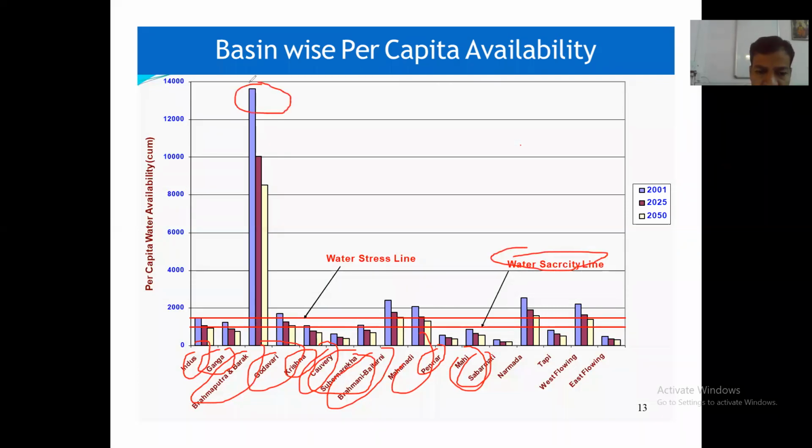So this is the highest per capita availability for Brahmaputra and Barak river. The water stress line is shown by red color. So it is very less for this year. It is shown here for Sabarmati, east flowing rivers, Kaveri. So these rivers are less than the water scarcity line, per capita water availability is less.